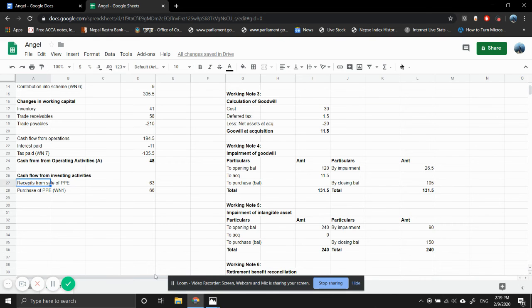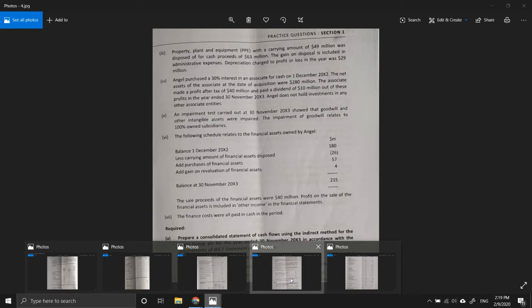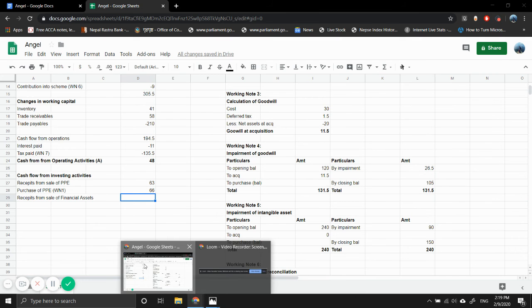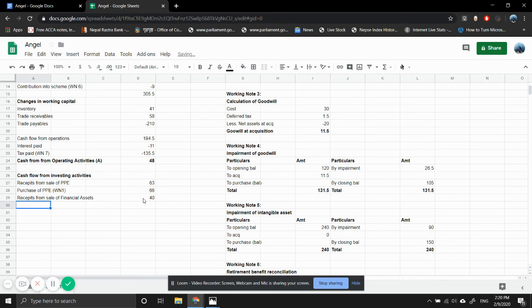So receipts from sale of financial asset. It was 40, isn't it? 40, and then disposed of was 40, right? 40 was the sale, and then how much did we purchase?